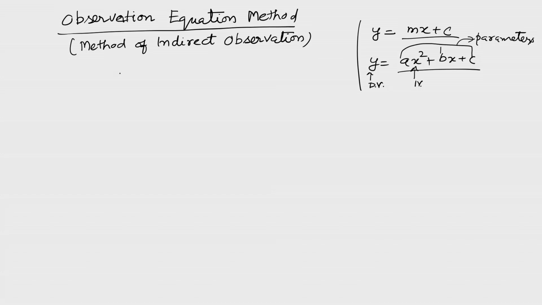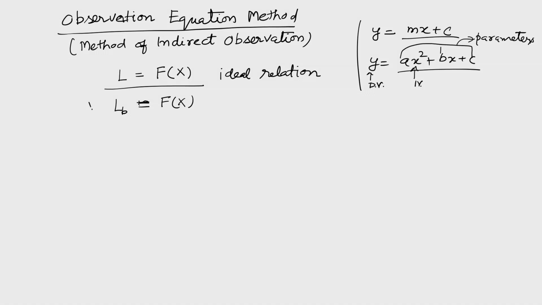How do I write this mathematically? I write L, which is the dependent variable, as a function of some parameter x. This is an ideal relationship, like y equals mx plus c, or an ideal function. But the moment I have some error, I introduce an error here, v plus Lb, and this v plus Lb I call the adjusted value of the observation.